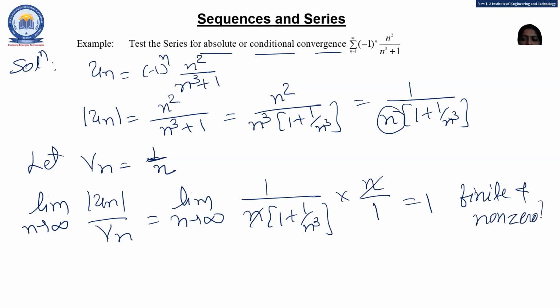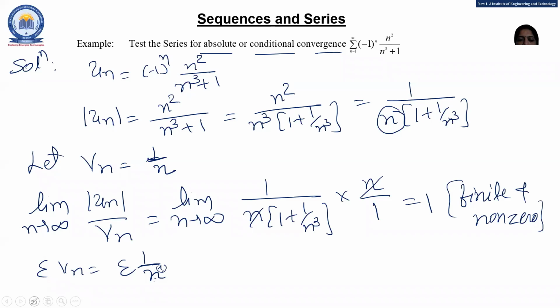In comparison test, if your L is finite and non-zero, both series Vn and mod Un converge or diverge together. So here, our series Vn is 1 by n. What is our p? The power of n, if nothing is there, is considered as 1.